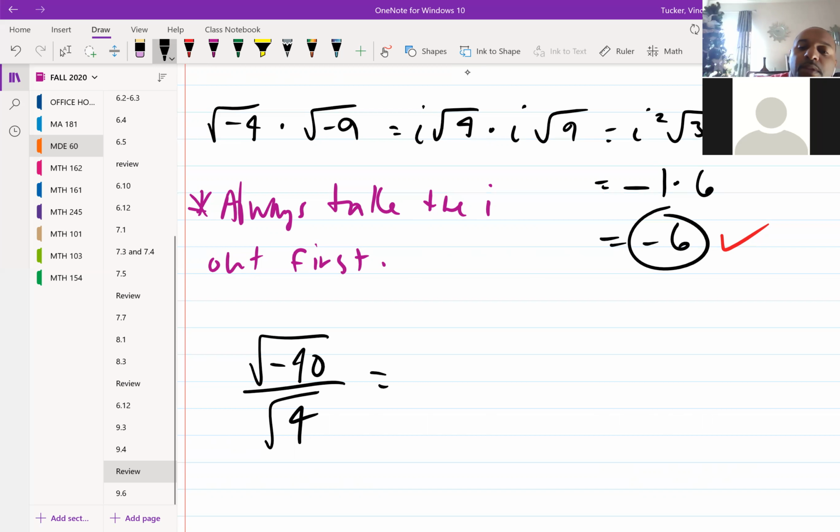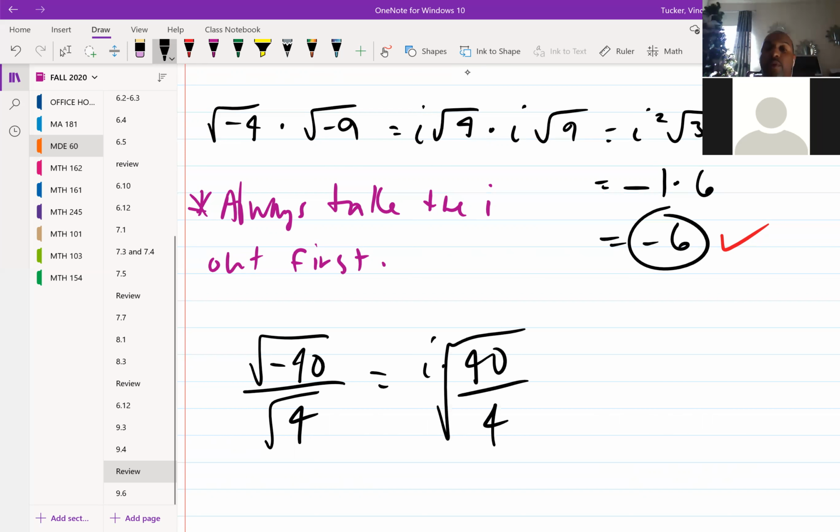Again, you can take that i and bring it out front. And we can look at this as the square root of 40 over 4, since they're both under the same radical, the same index. So it'd be i square root of 10, since 40 divided by 4 is 10.